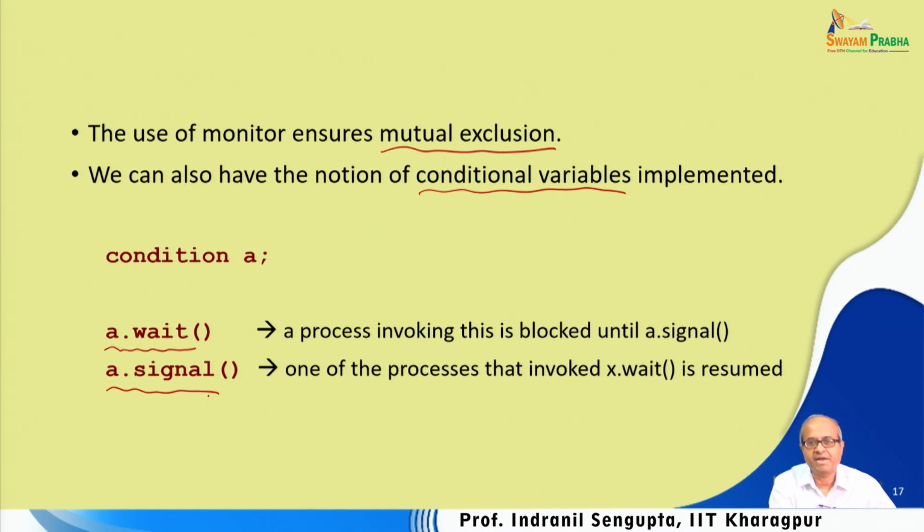So, when you call a dot wait, a process which invokes this will get blocked until someone else invokes a signal on that same variable. Similarly, a signal means one of the processes which was waiting will be resumed. So, essentially this is very similar to semaphores.